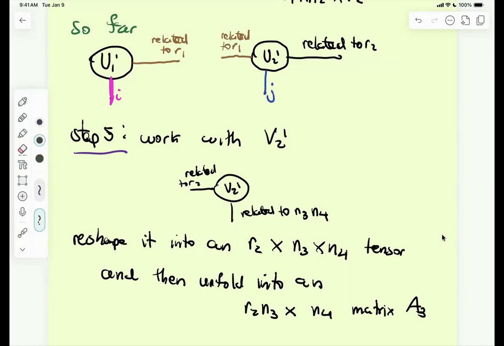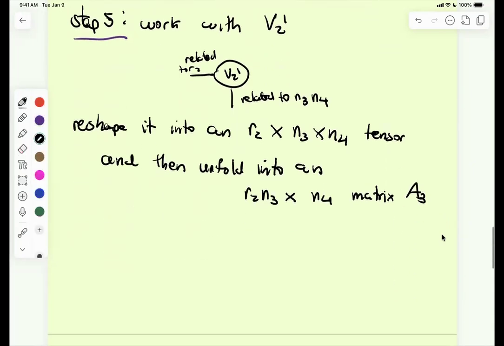And so A3, again: if you apply the SVD to A3, which was R2 and N3 times N4, this gives you U3 prime times V3 prime.